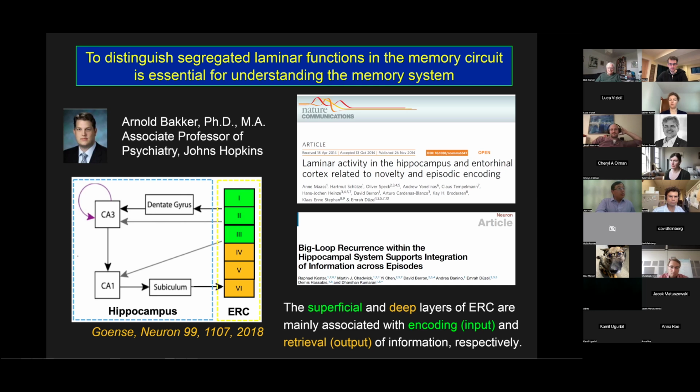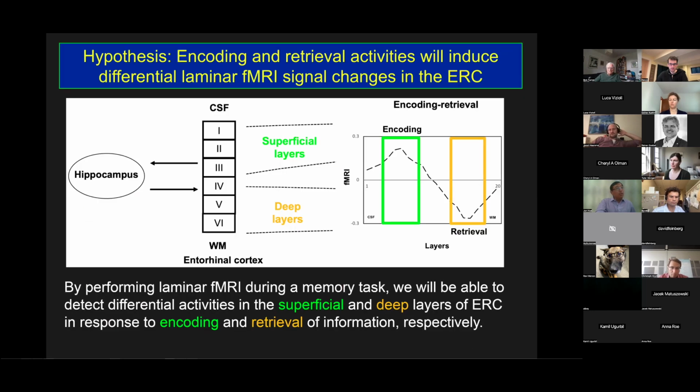For our study, we're particularly interested in seeing if we can use laminar functional MRI to tease out the functional activation or response to encoding versus retrieval in these 2 different groups of layers.